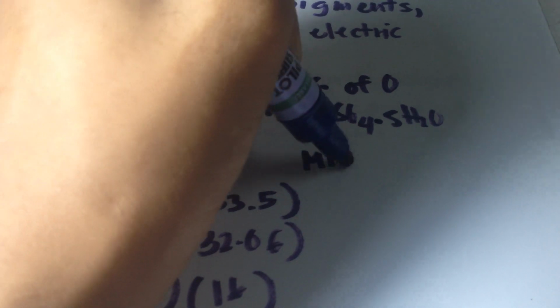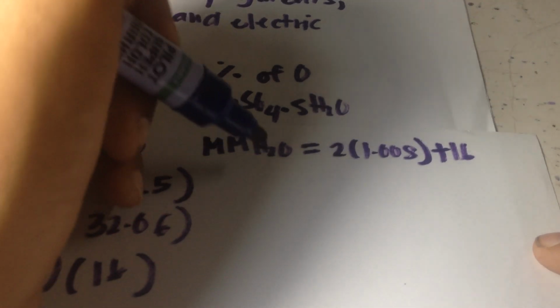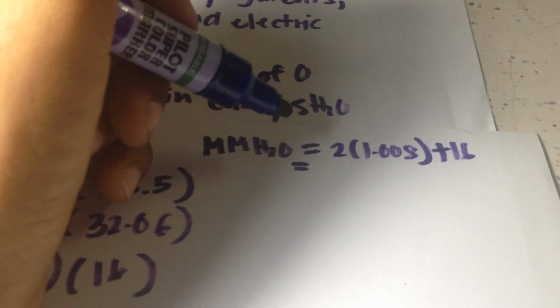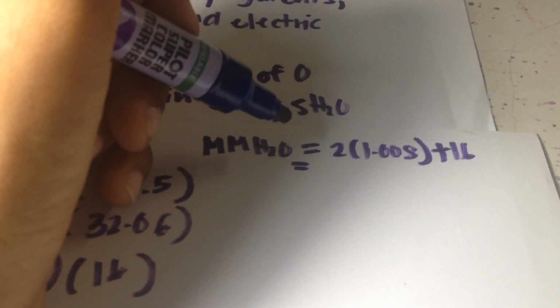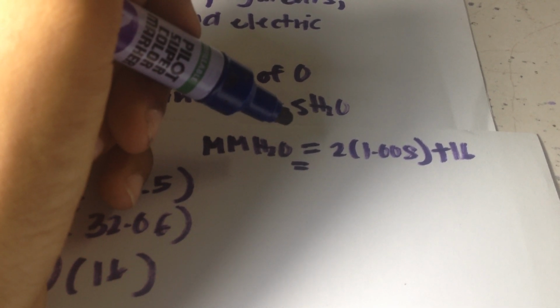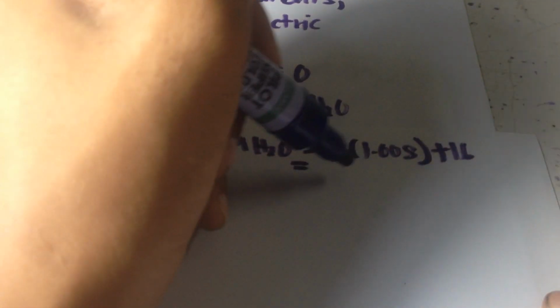The molar mass of water is equal to 2 times 1.008 plus 16, so equals 18.02 grams per mole of water.